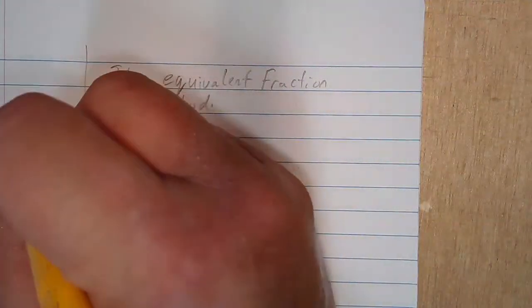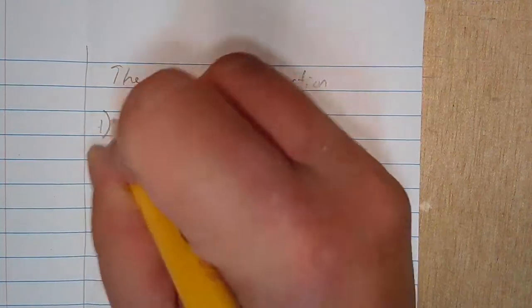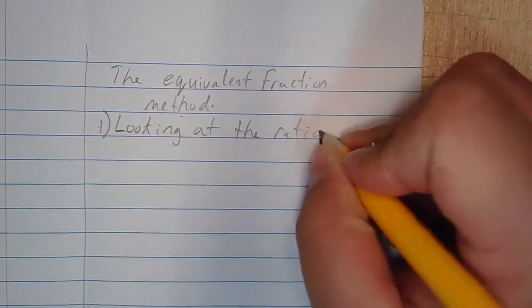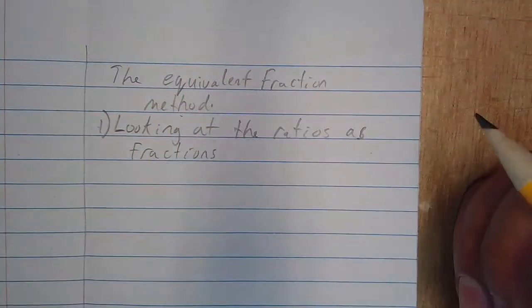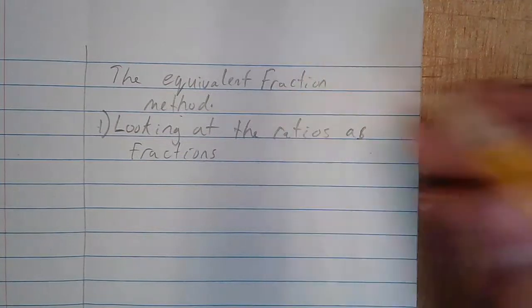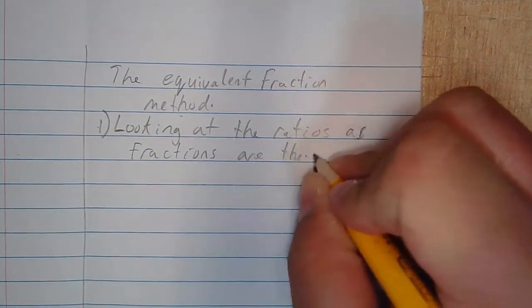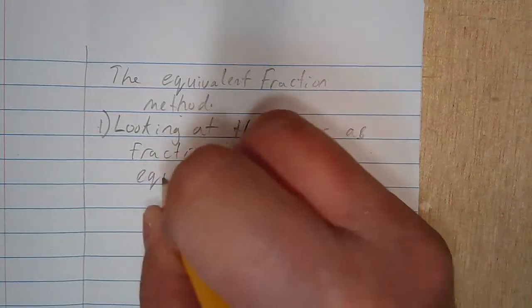So, looking at the ratios as fractions, because again, ratios behave like fractions. They're not fractions, but they behave like it. Looking at the ratios as fractions, are they equivalent?